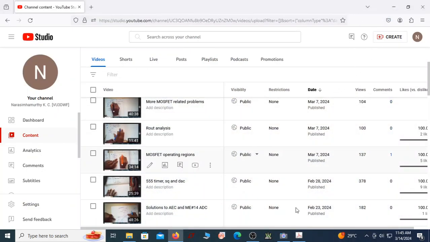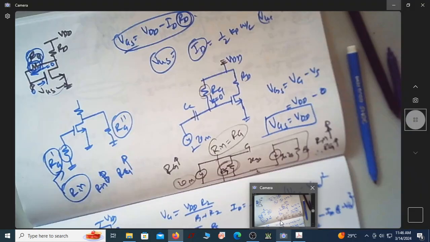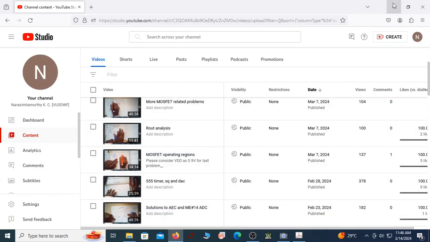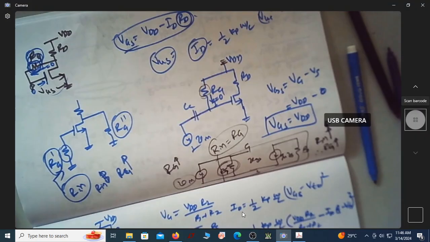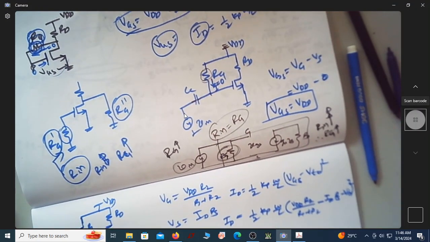The answer for that, let us see. If I write the AC small signal model of this, this Rg, we know that DC will be AC grounded, so I am AC grounding this. This Rg will come over here, and this is your input voltage.